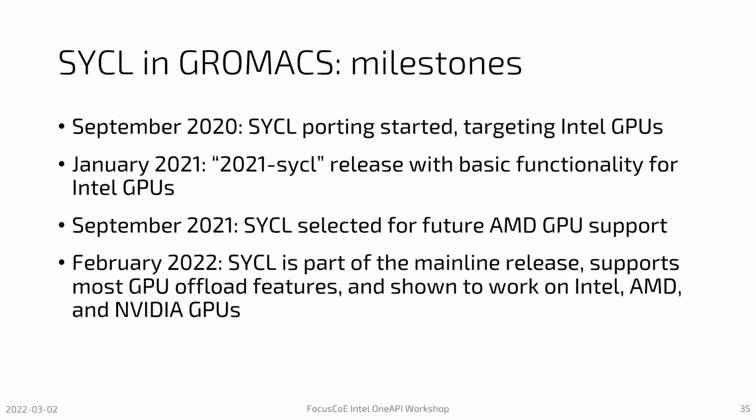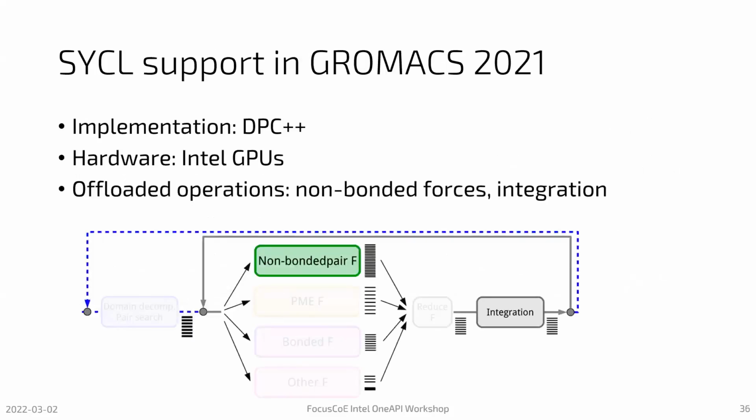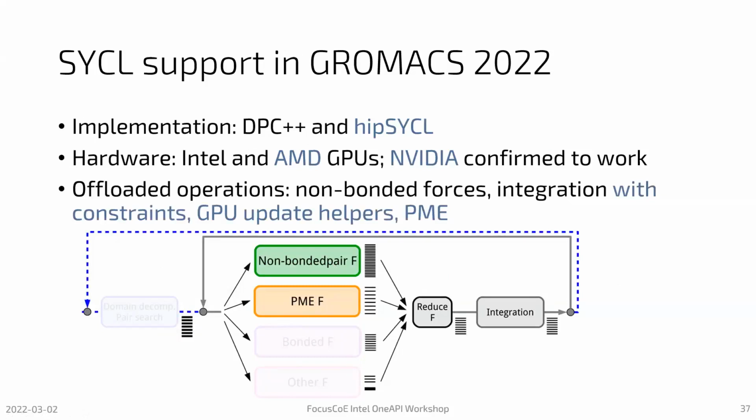It's a fully functional, officially supported offload backend, which runs on all 3 main vendors and supports most of the GPU offload features. If in 2021 we only supported non-bonded forces and had some integration support, in 2022 we support the 2 biggest force calculation kernels, that's non-bonded and PME, and we support the full integration pipeline, so we can run in fully offloaded mode in some cases.